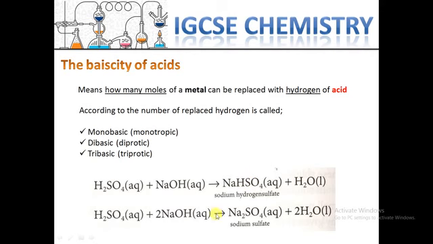And for the extra, if you add extra sodium hydroxide, like here two, then all two sodium can replace the other two hydrogens of your acid, like here. Then you will get more water because two hydrogens are released from your acid.